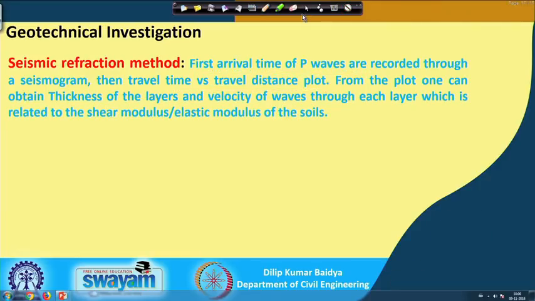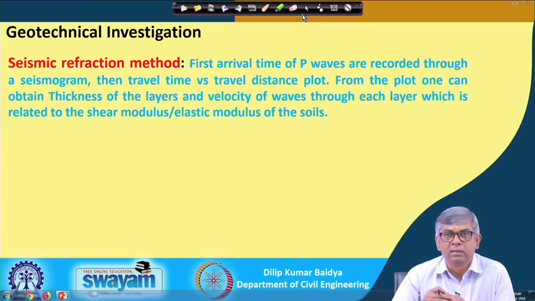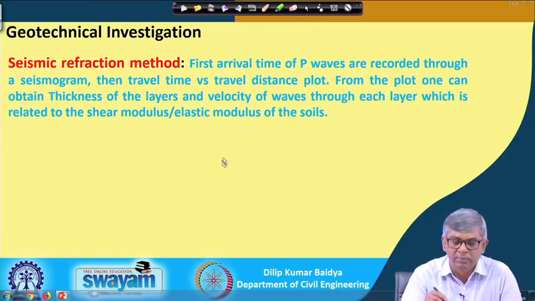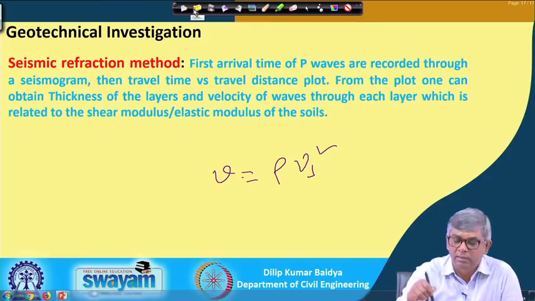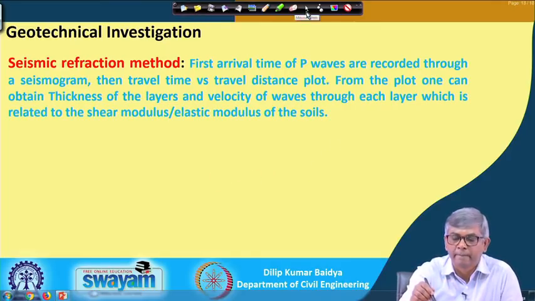If I know the velocity of the particular layer, then G equals rho V s squared, so from here we can get the shear wave velocity.